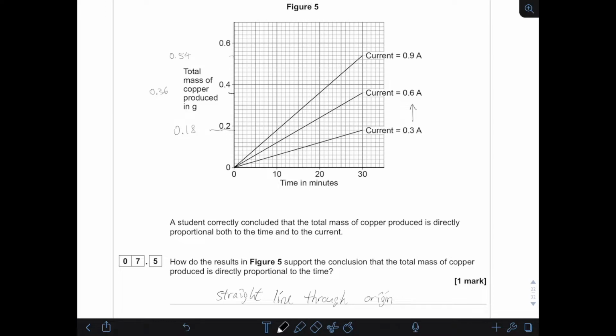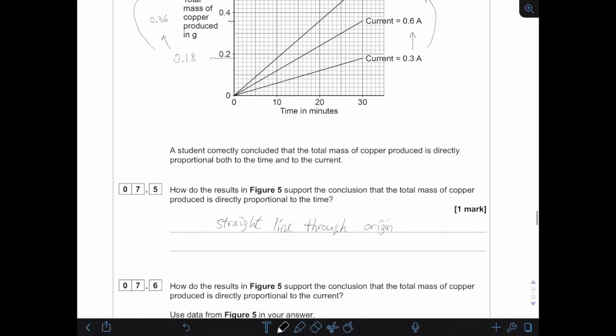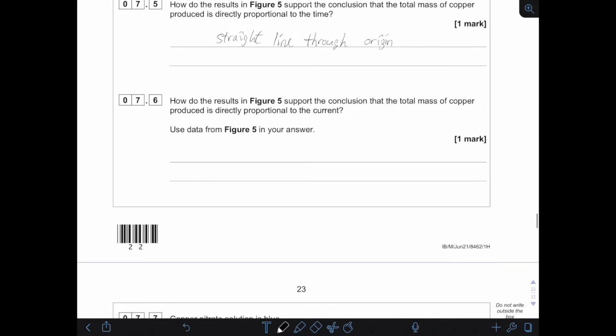You can see when you double your current, you double your mass. When you triple your current, you triple your mass. So that's the direct proportional relationship that you're looking for.